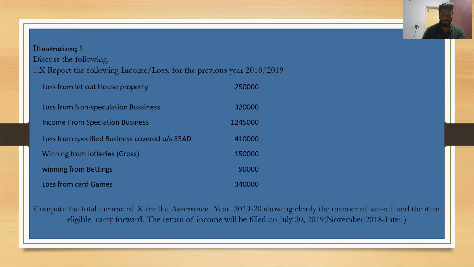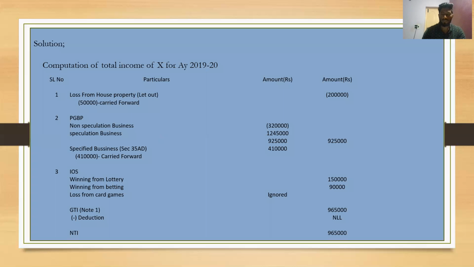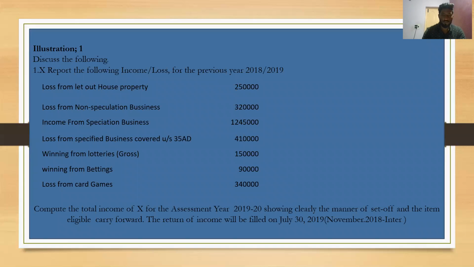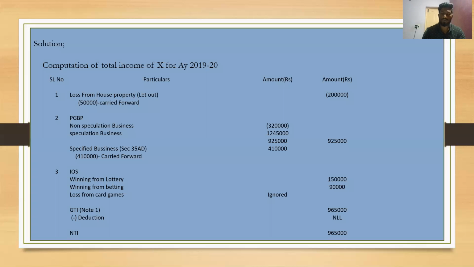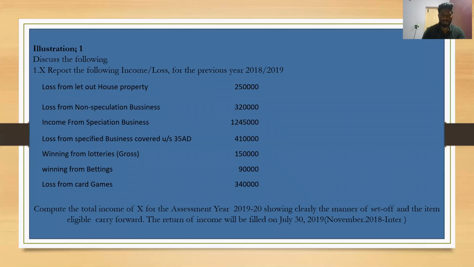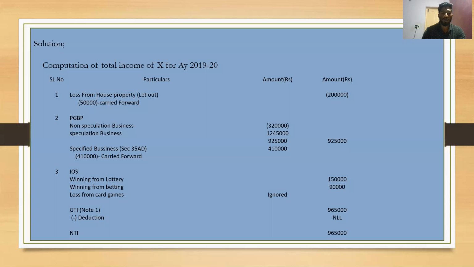So we will take as a third part income from other sources. The first one is winning from lottery, rupees 1,50,000. The second one is winning from betting, which is 90,000. And loss from card games, we are ignoring it. We cannot set off that amount against any head of income.